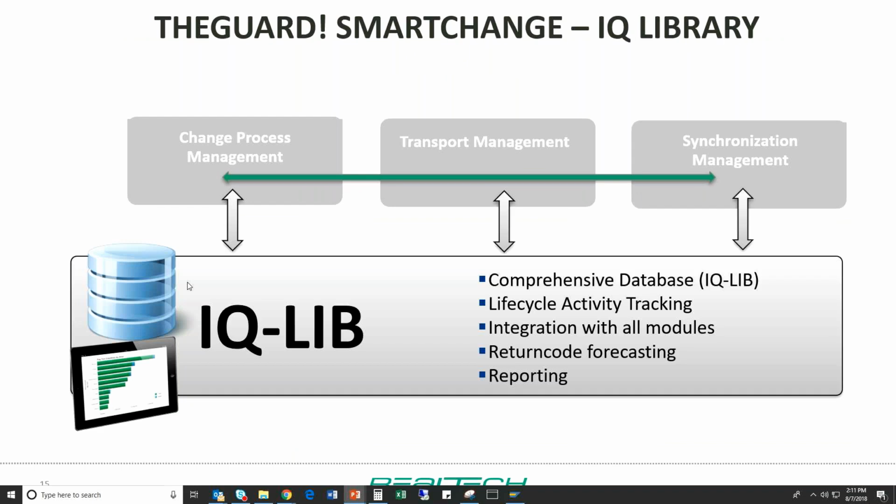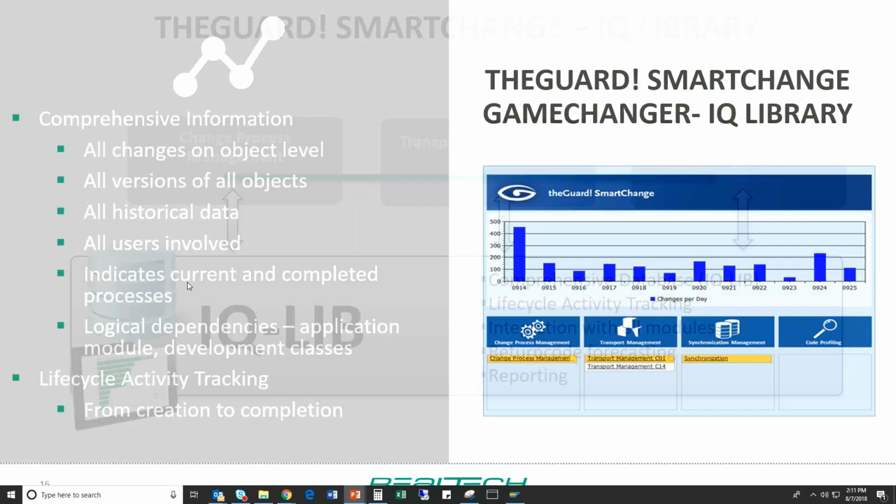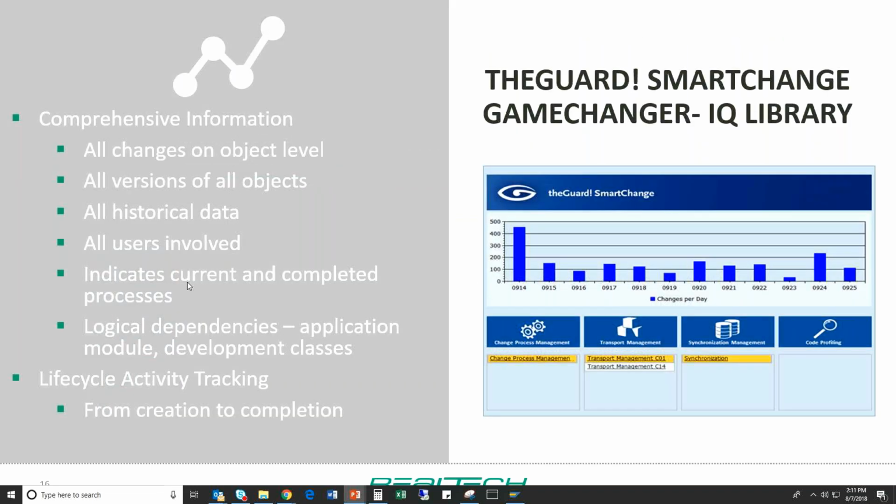The IQ library is what I would call the central repository that keeps track of all changes on the object level, all versions of the object, all historical data, all users, all logical dependencies, and really tracks from the creation of a change before it becomes a transport in SAP all the way through into production and then into archiving or history. So this IQ library, we call it the SmartChange.